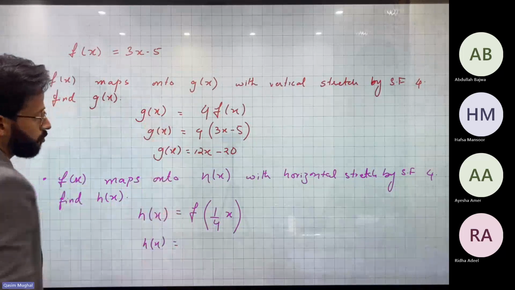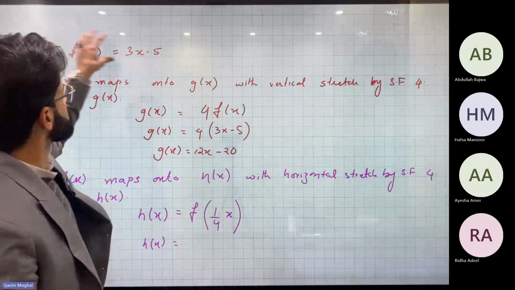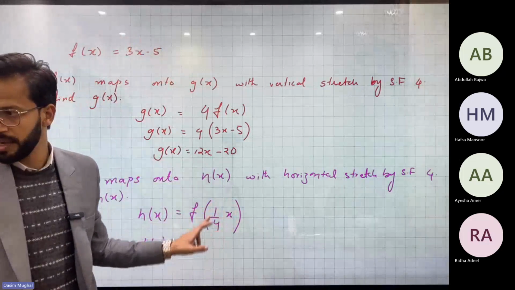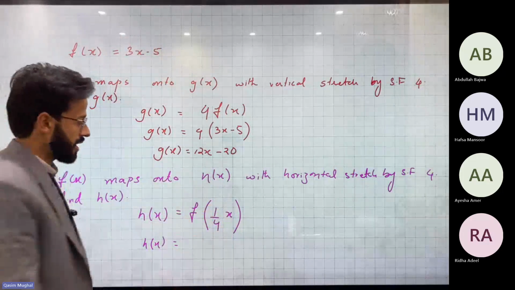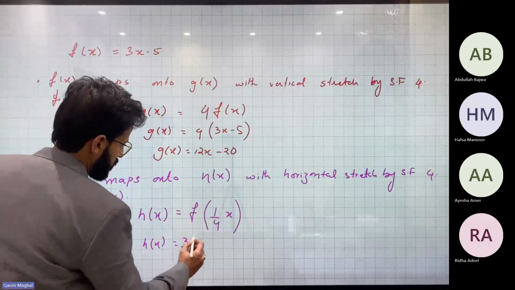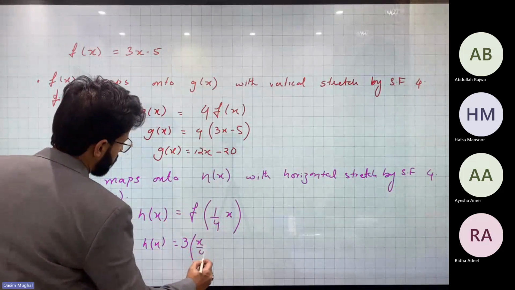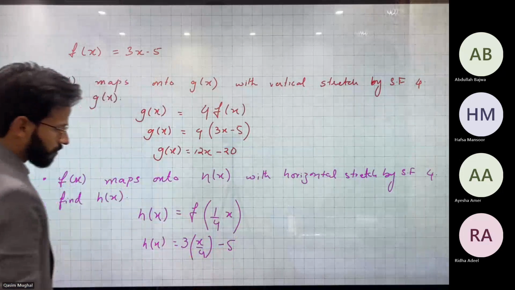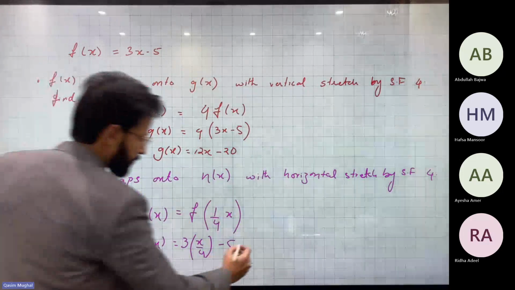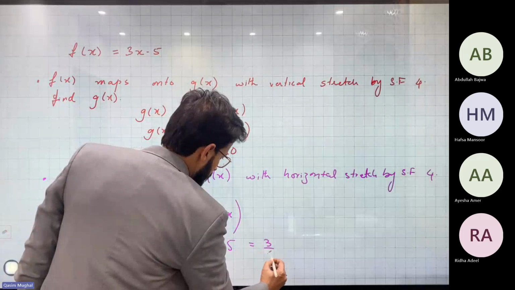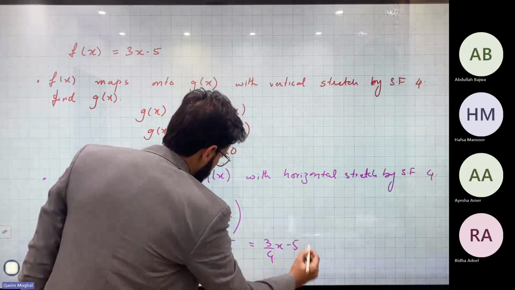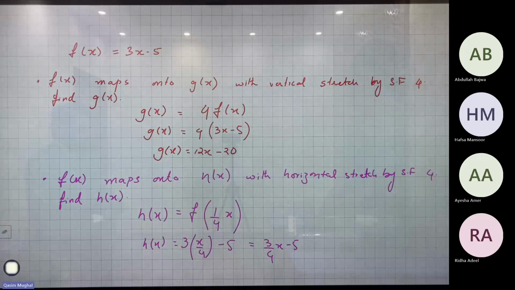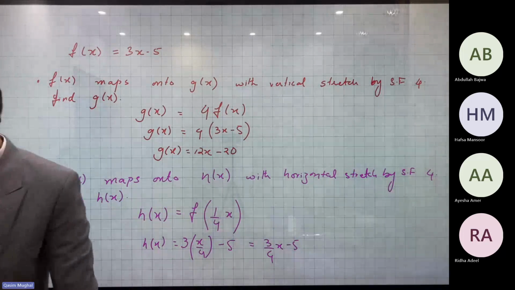So f of 1 by 4x means in the function f, what do we replace x with? x by 4. So 3 into x by 4 in place of x, and then minus 5 as it is. And this leaves you with 3 by 4x minus 5. So this is horizontal stretch by a stretch factor of 4.